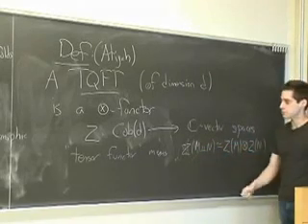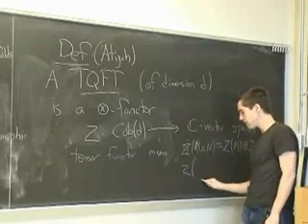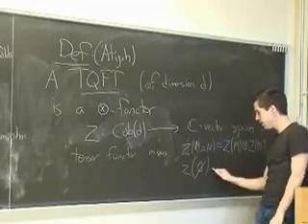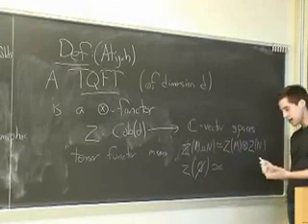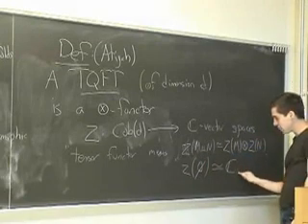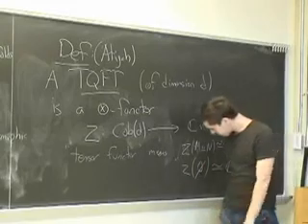I should preserve the units with respect to the tensor products. So for example, Z of the empty manifold is supposed to be identified with the unit with respect to the tensor product on complex vector spaces, which is just the complex numbers.